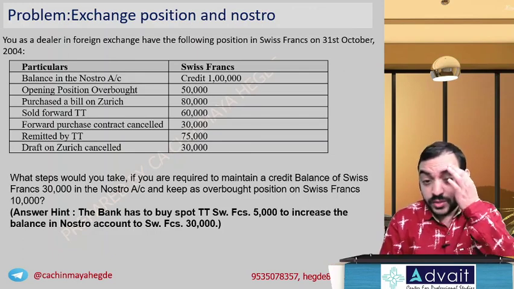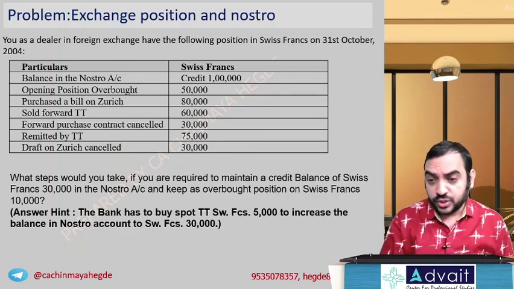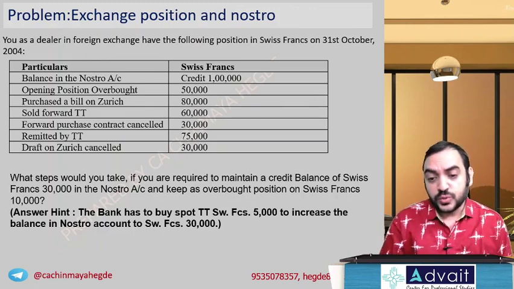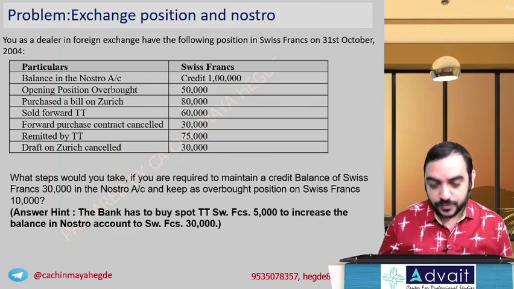Balance in Nostro account, opening position overbought, purchased a bill on Zurich, sold a forward TT, forward purchase contract cancelled, remitted by TT, draft and Zurich cancelled. What steps would you take if you are required to maintain a credit balance of Swiss francs of 30,000 in Nostro account and keep an overbought position on Swiss francs 10,000?